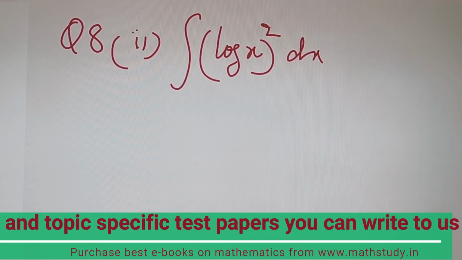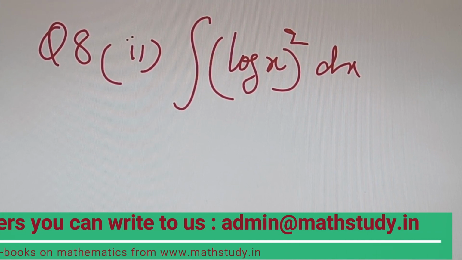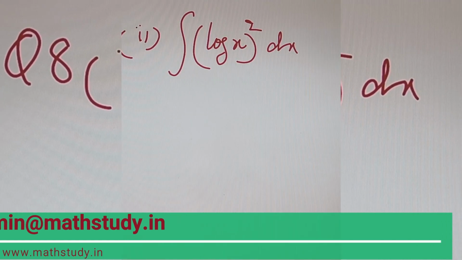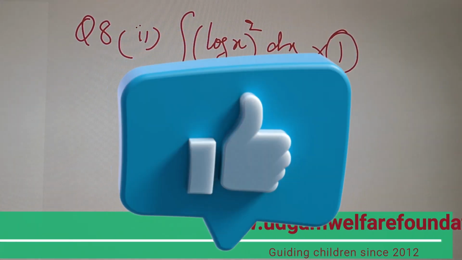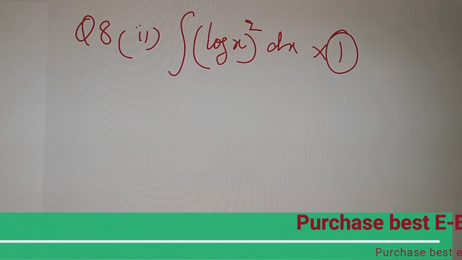We have integration of log x whole square. Whenever you get a logarithmic function or an inverse trigo function to integrate, you always have to remember that you have to use 1 here, because you can't integrate the logarithmic function or the inverse trigo function directly.